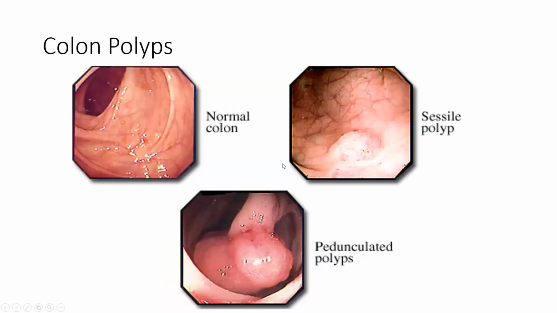Now, our colon will often grow polyps. Polyps are just connective tissue. It's perfectly normal. A polyp takes a long, long time to grow. It takes about 10 years to grow about a centimeter. They're not cancerous, but they have the potential to become cancerous.